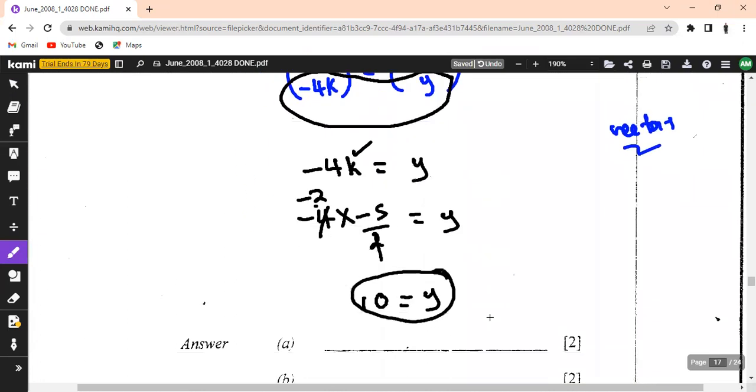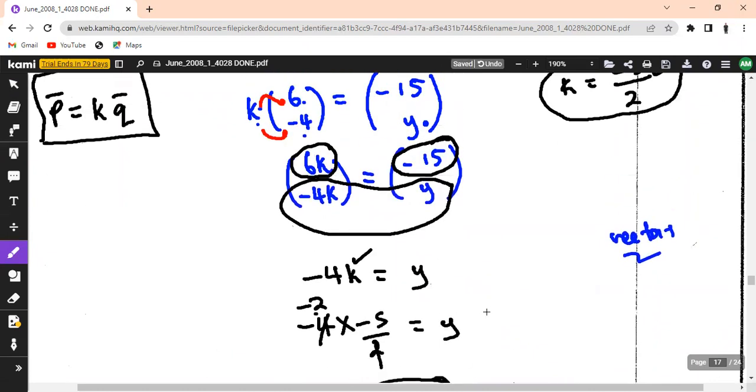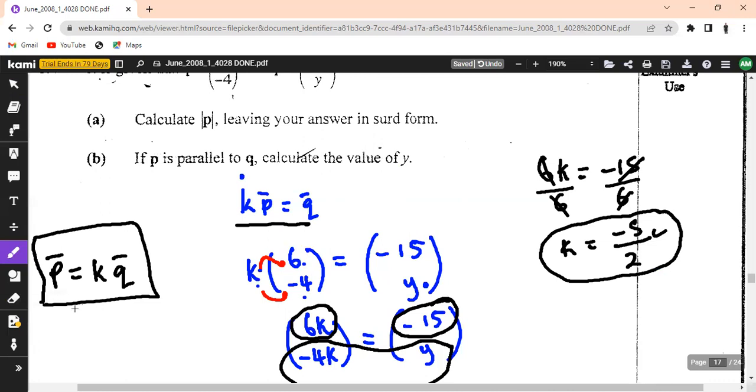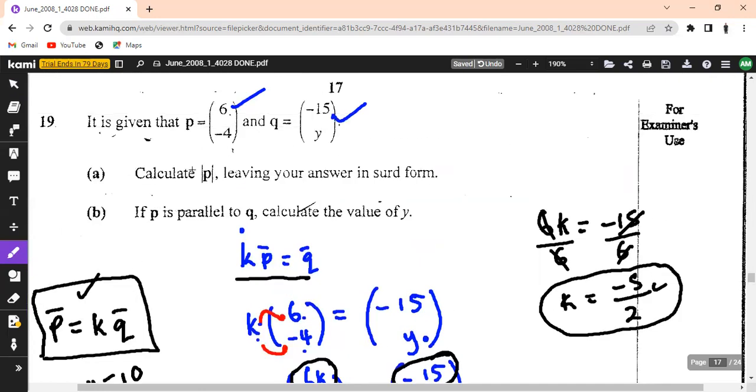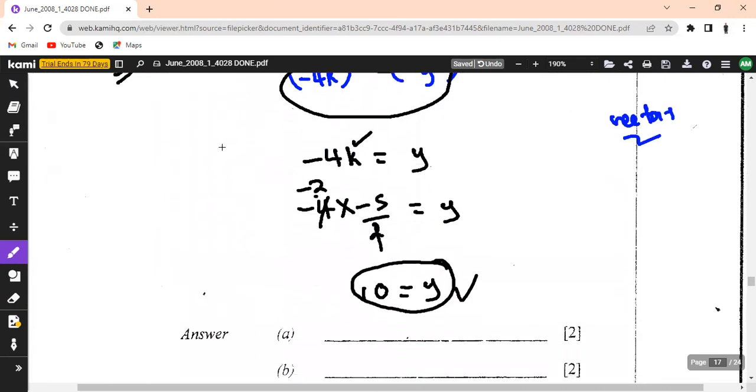Yes, the value of y here is going to remain as 10. I mean, when you use this one here, you are going to obtain a different value of k, but y is going to give you 10. So I want you to try, guys, and see if you're obtaining the same answer. That's how you answer this type of equation whenever you are given parallel vectors.